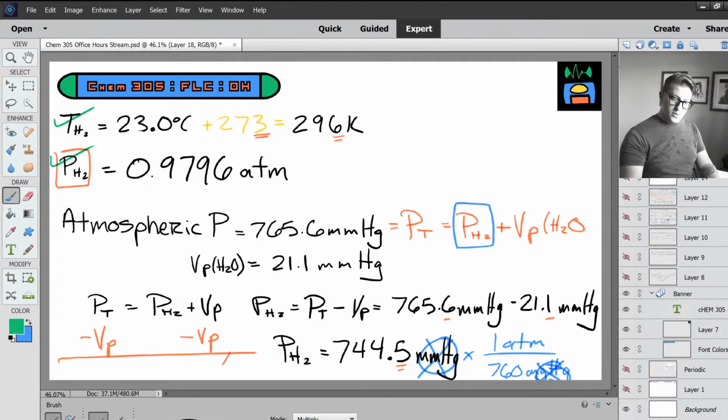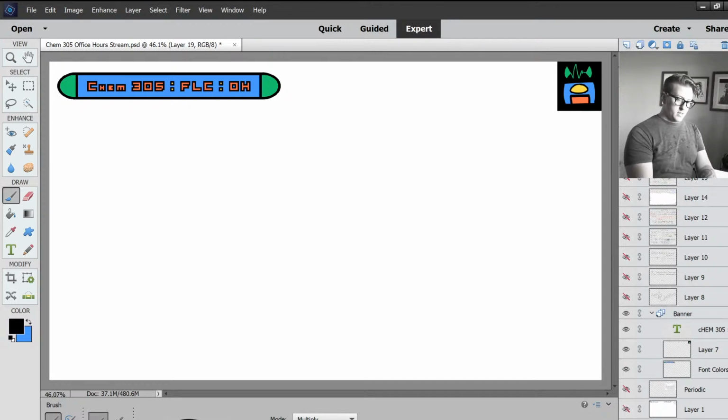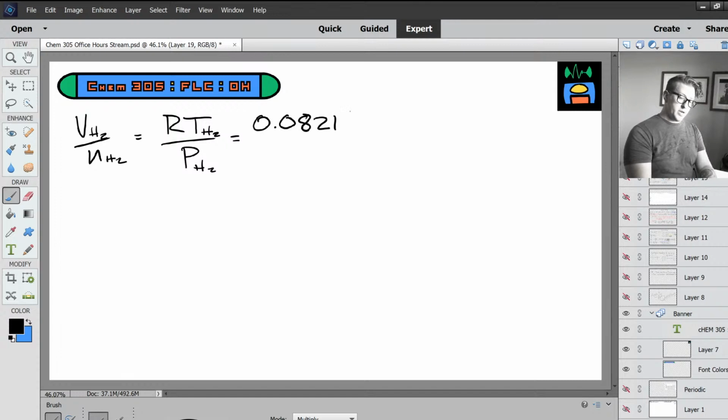All right, so given that equation that we developed earlier, molar volume, which is the volume of H2 over the moles of H2, is equal to the ideal gas constant times the temperature of hydrogen divided by the pressure of hydrogen. Ideal gas constant 0.0821 liter atmospheres per mole Kelvin.